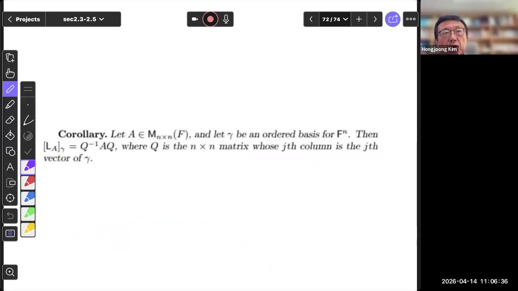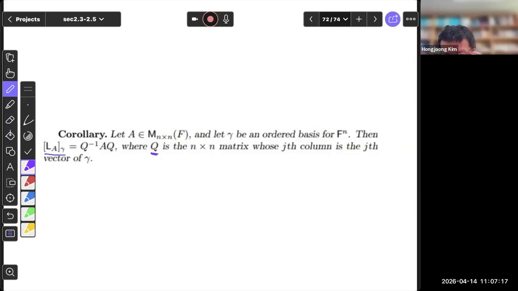So here, as a corollary, if A represents a certain n by m matrix and if gamma is an ordered basis, then if Q is the m by n matrix whose jth column is the jth vector of gamma, then this Q is representing the identity mapping. In other words, this Q just changes the basis between the ordered basis gamma and the standard basis.